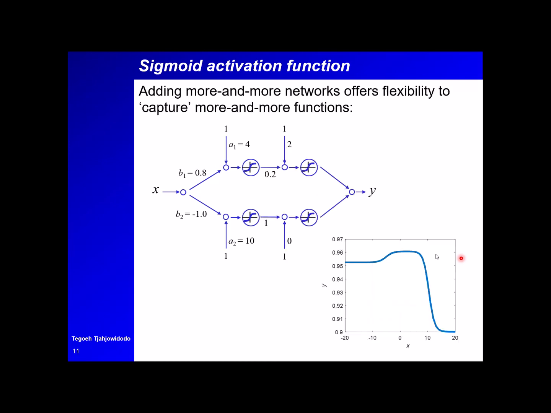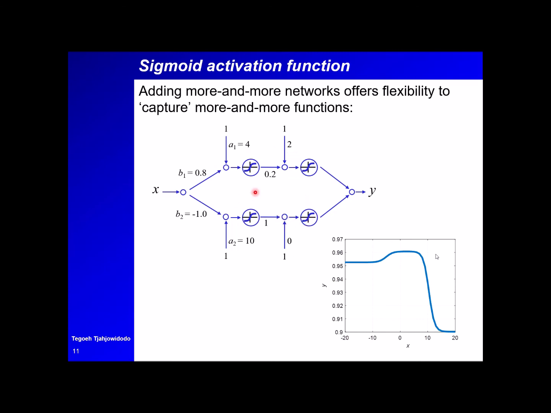Even more, if I put 4 networks here, I can capture more complexity in my function, in my data, right? Here in this slide, you can see I have a pair of samples X and Y, and I use 4 networks with, of course, different weightages for each of them.